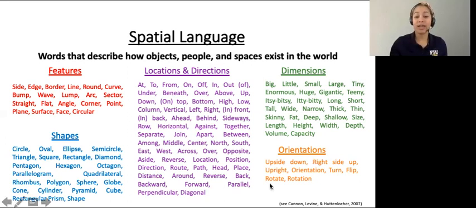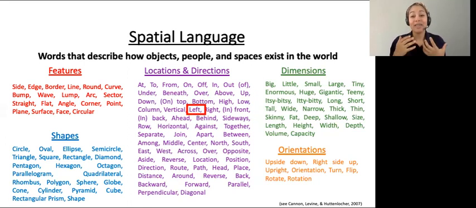So let's just take the word left, for example. If I were to say, please give me that pen to your left, this would be a spatial usage of the word because it communicates the relative location of the pen. It's to your left. However, if I were to say, I think he left town yesterday, this would not be considered a spatial usage. And there are dozens and dozens of potentially spatial words that can be used in hundreds of non spatial contexts.